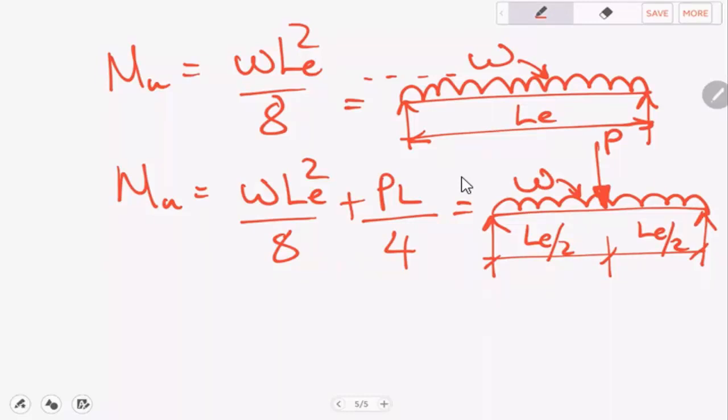Do you see what we're talking about here? Right. So this MU is the ultimate bending moment, or the maximum bending moment, which you obtain after having done your calculations based on the loads that are being applied to a beam. Is that clear?